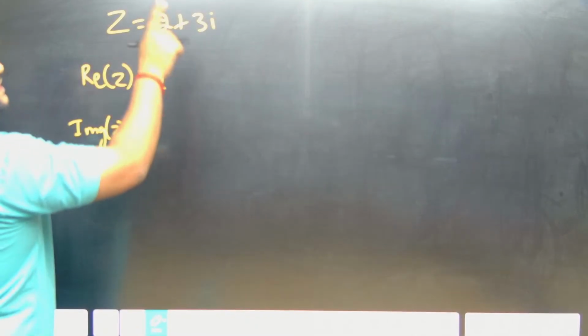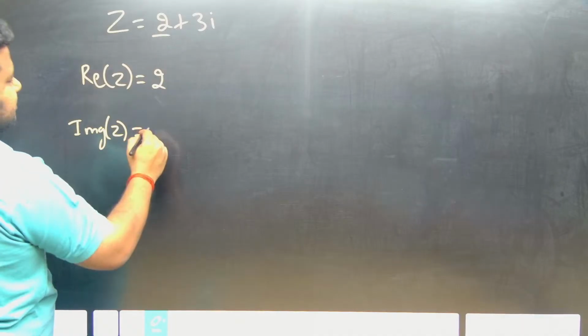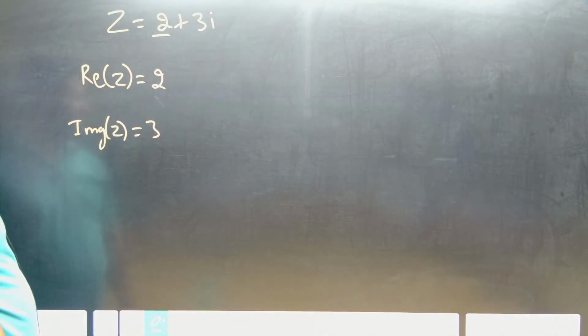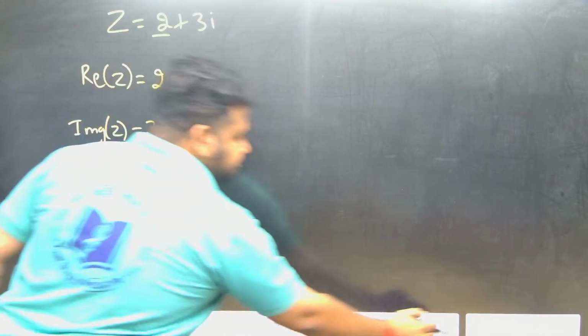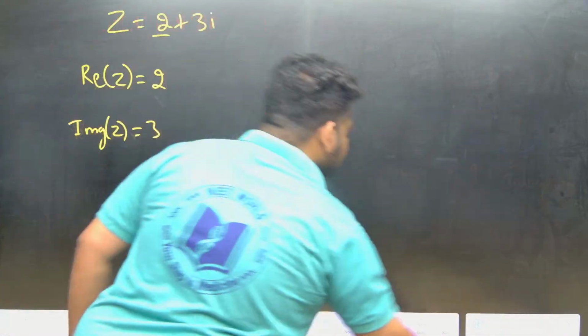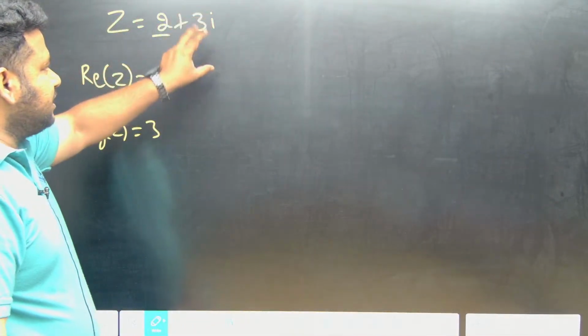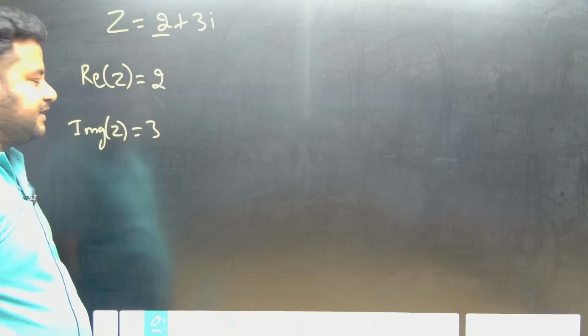The i is representing that it is an imaginary part, but it is not the number you should write. So the imaginary part of z is 3. The entire thing is imaginary, but the value we should write is 3. Imaginary part is 3.